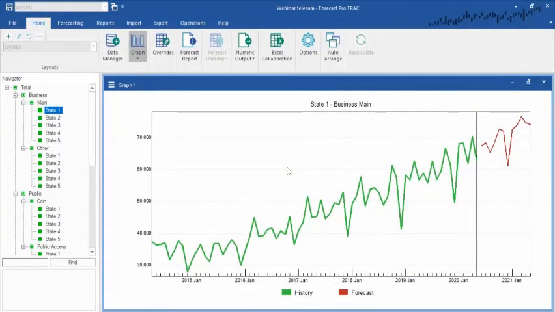So here we are. We have built a model, and there's a question of what model was built. Before we look at what Forecast Pro did, let's just think about the data. I know I want a trended model, and the trend here looks pretty consistent in the recent history, so I think a linear trend would be very reasonable. So my visual inspection here is leading me to believe we should build a linear trend model.